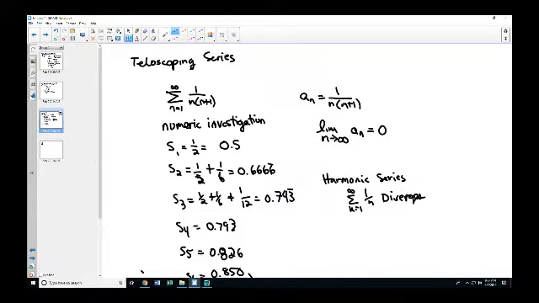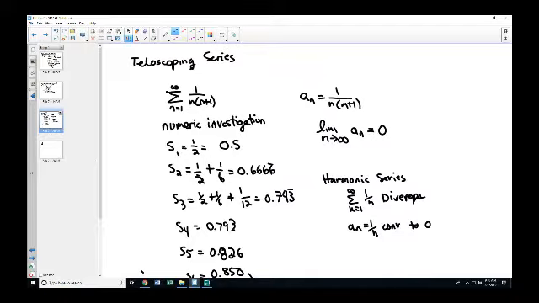The sequence converges, doesn't it? Doesn't make sense. I feel like that should still converge. Well, feelings can be deceiving.